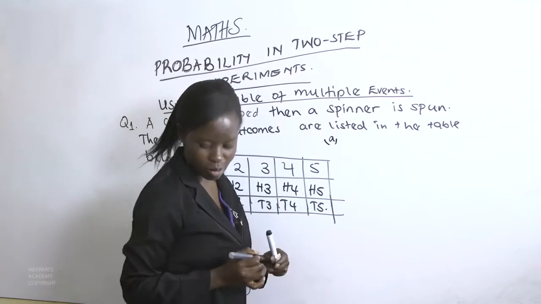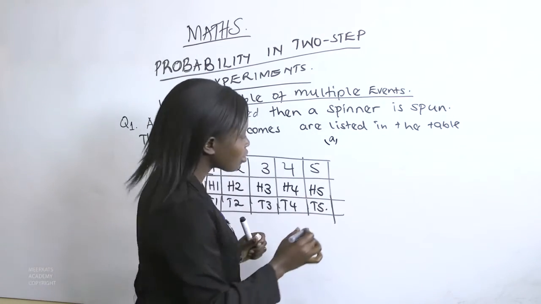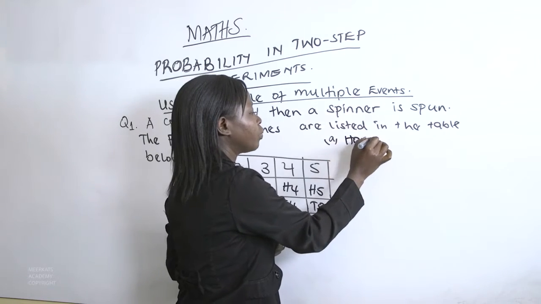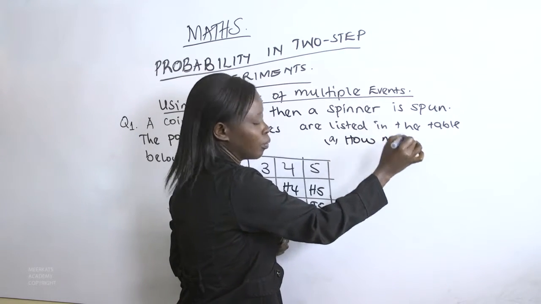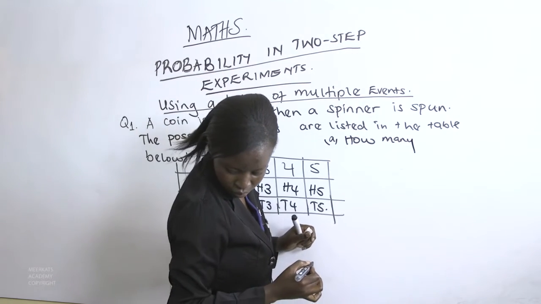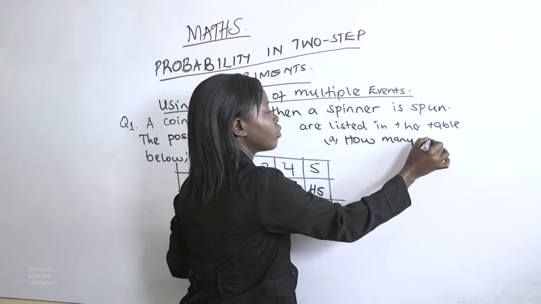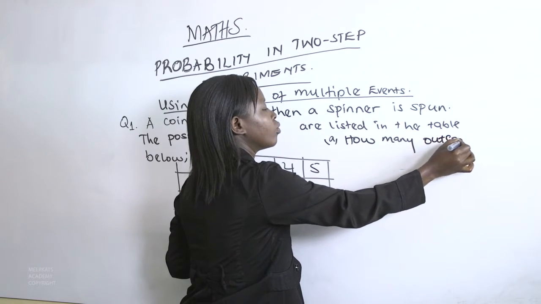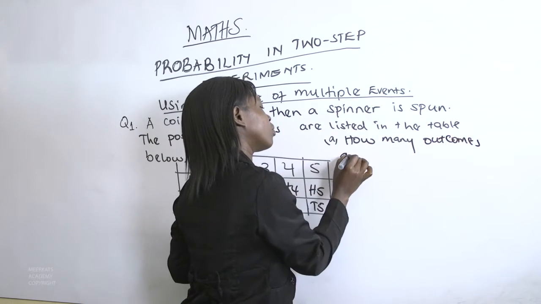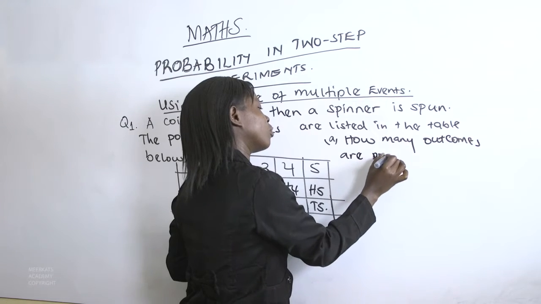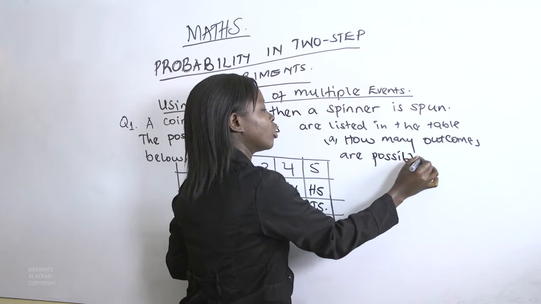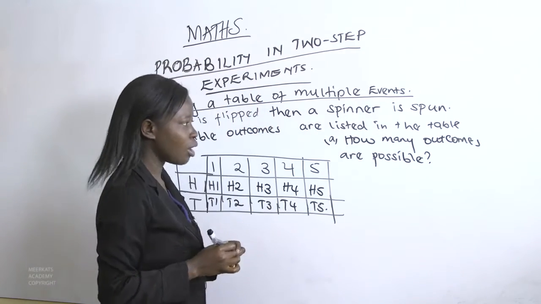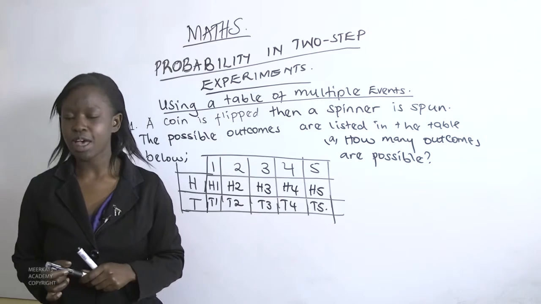Part A of the question asks us, from the experiment carried out, how many outcomes are possible.